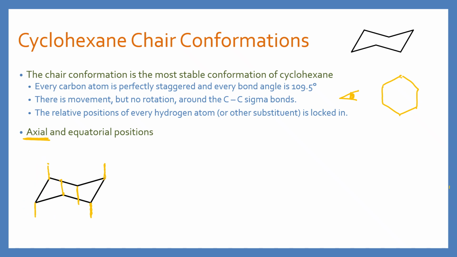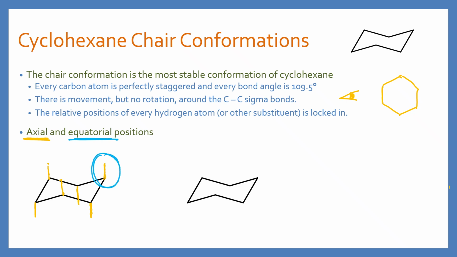Now, the reason these positions are called axial is because they run up and down through the molecule, just like the axis of the Earth. Now, the other positions we have are called equatorial. The equatorial positions are at an angle, and they're always pointing the opposite direction of the axial position that exists on that carbon.